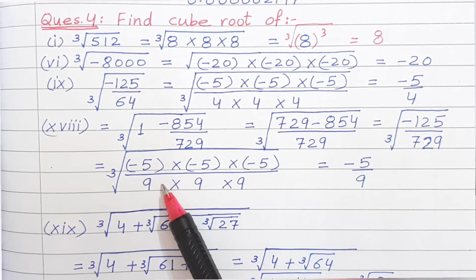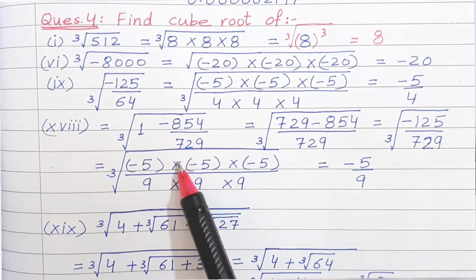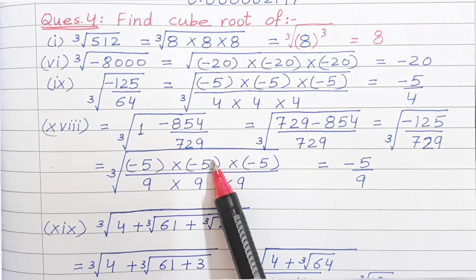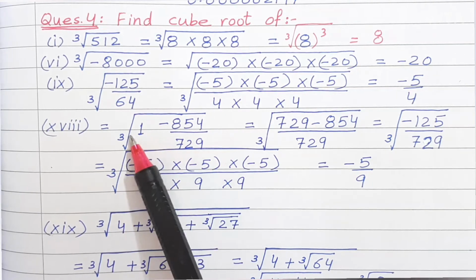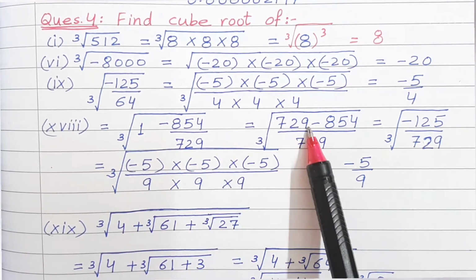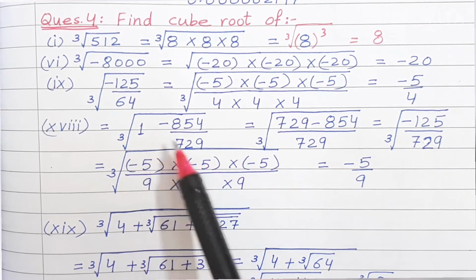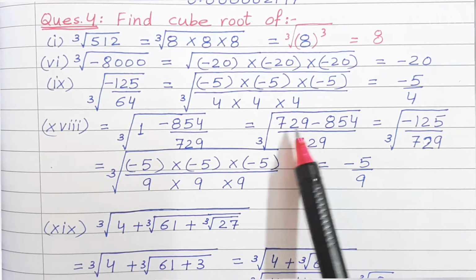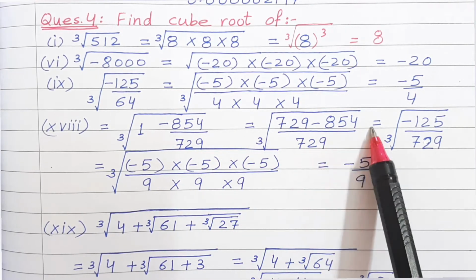Now the next part is 1 minus 854 upon 729. Now children, we need to solve this first. Let us take up the LCM. So LCM is 729. Now 729 into 1, that is 729, then minus 854.